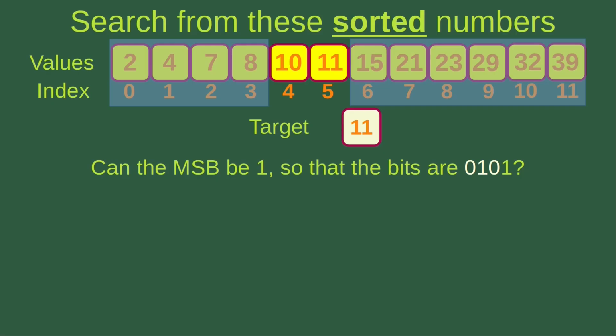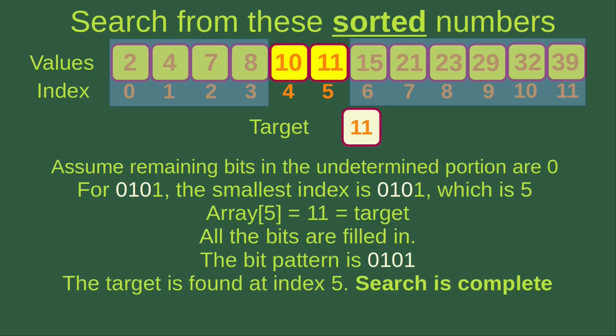Can this bit be 1, so that we have the bits as 0, 1, 0, 1? Now we have to assume the remaining bits in the undetermined portion to be 0 again. But we have already filled in all the bits with the temporary value of 1, so we have no way to fill in further zeros into this temporary index.